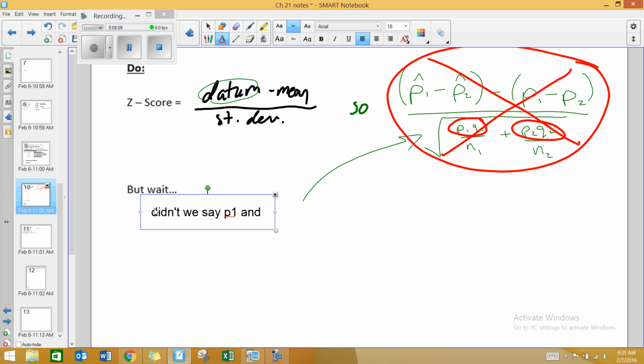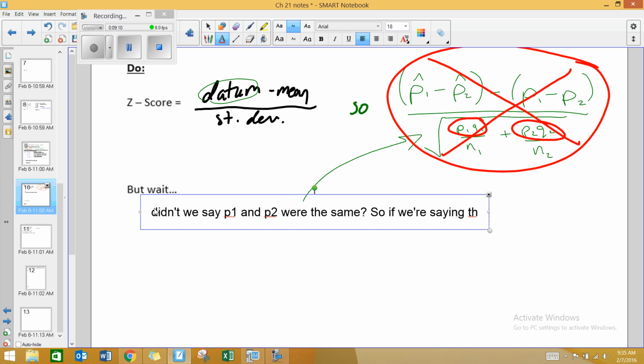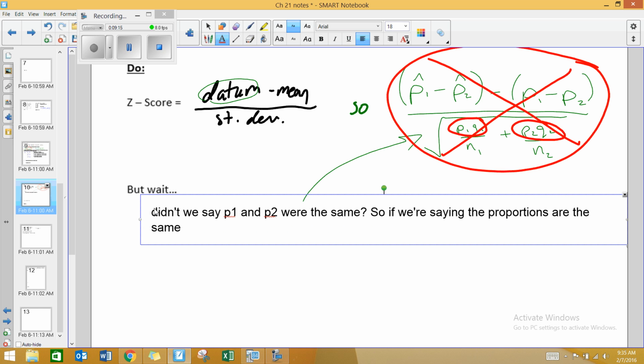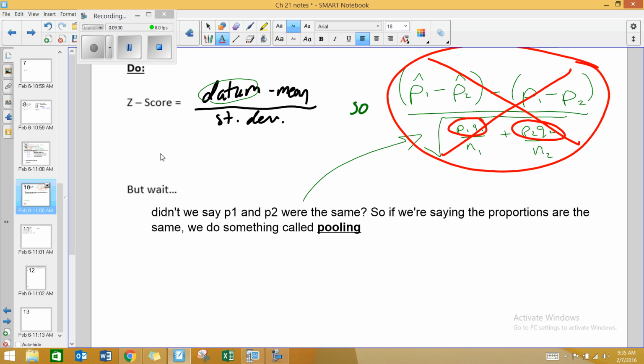So we said P1 and P2 were the same. So if we're saying the proportions are the same, we do something called pooling. And I kind of like this vocabulary word because hopefully it makes sense to you like it does to me. If I'm talking about males and females wearing their seatbelts, well, let's draw a little picture.